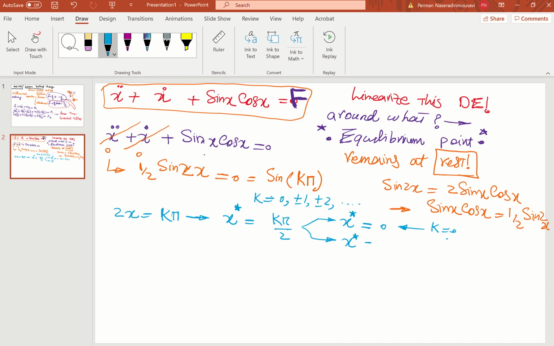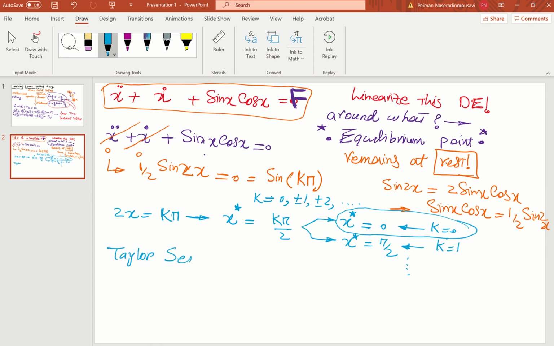Giving 1, it's going to be pi over 2, right? And so forever. Suppose, only suppose, that I don't know which system it is, but I'm going to teach you later, this is the equilibrium point of the system.